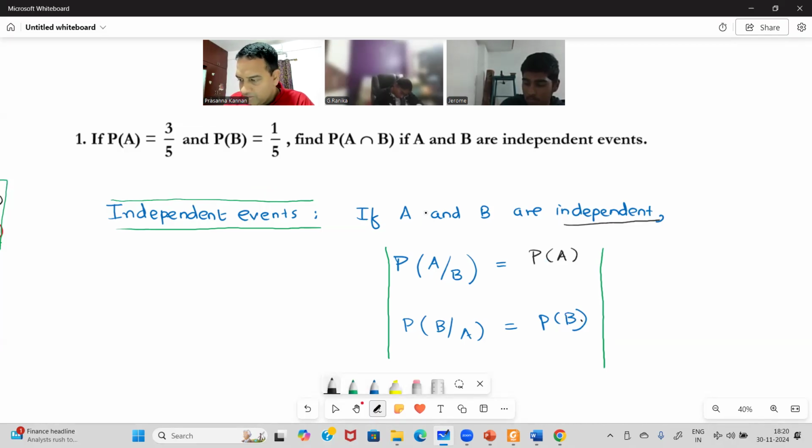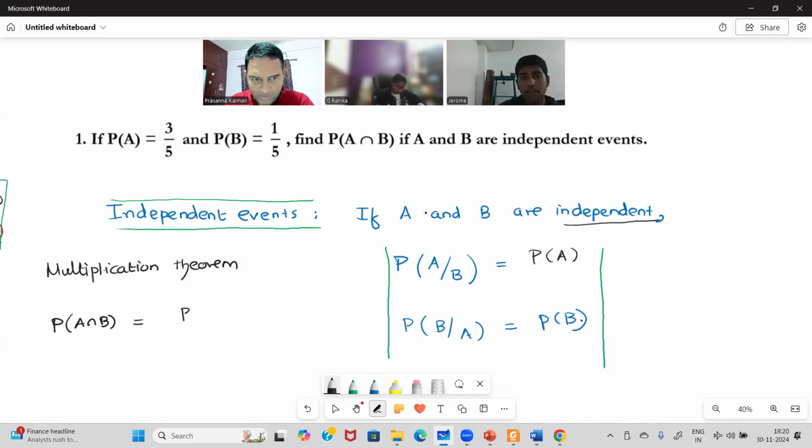From the multiplication theorem, what was the formula for P of A intersection B? P of B into P of A given B. Very good.